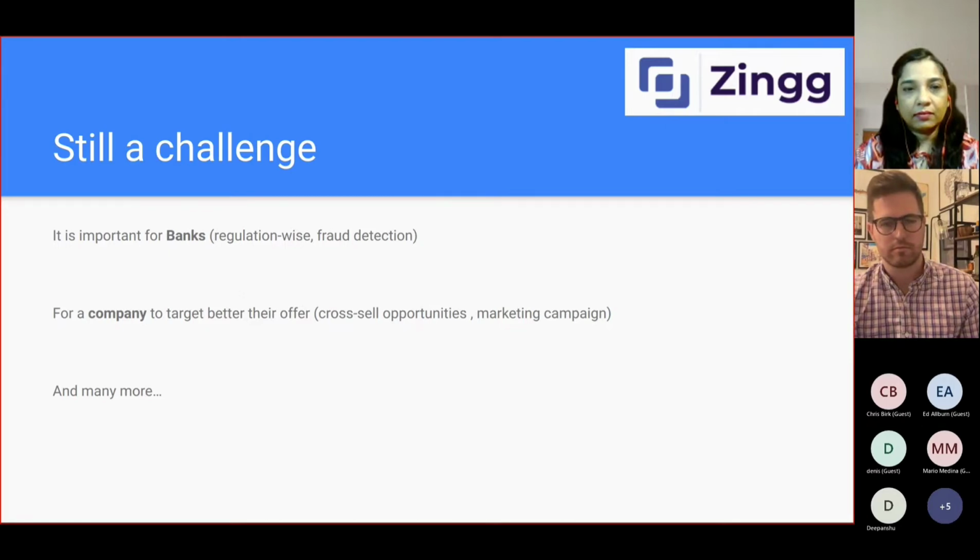For a company which sells goods, it's also very interesting to better target their offer in the area of marketing. You don't want to sell alcohol advertisements to kids, for instance. You may laugh at that, but it happened in the past. And if you know your customers better, you can enhance your cross-sell opportunities.